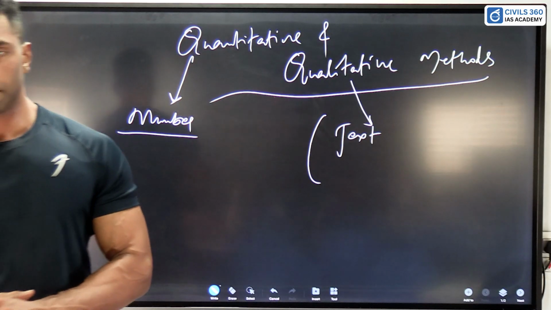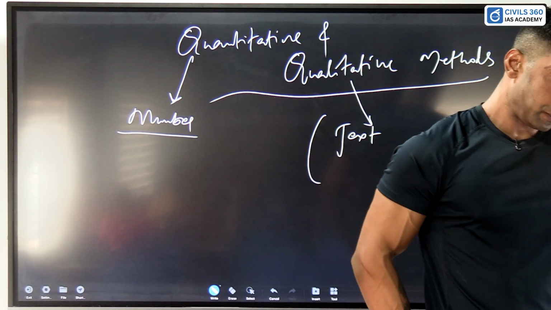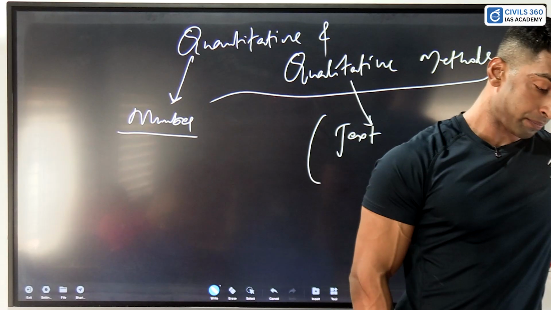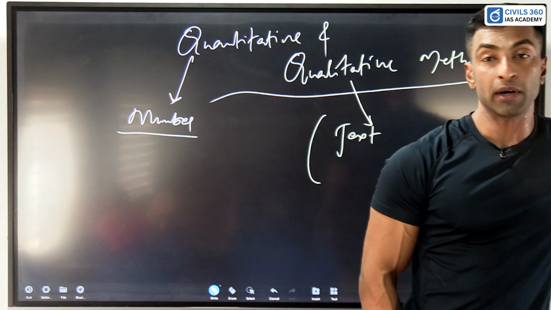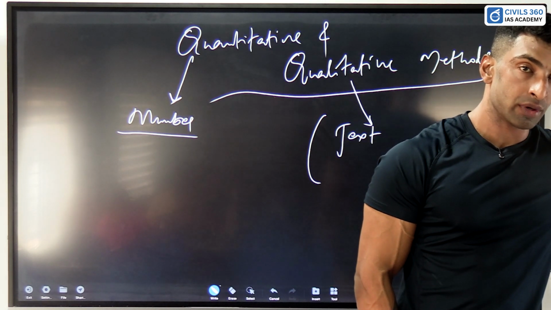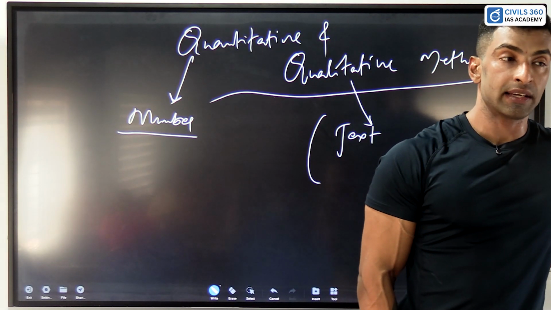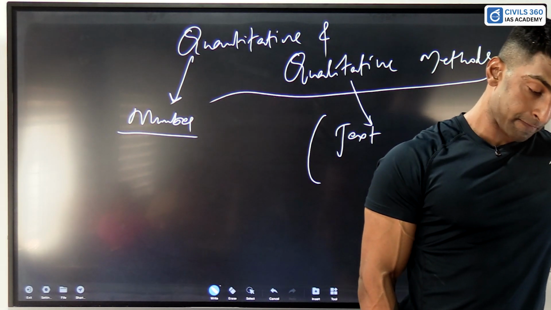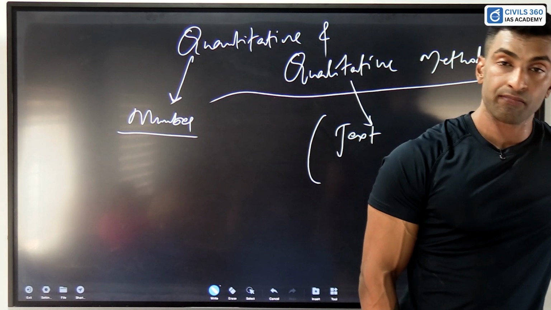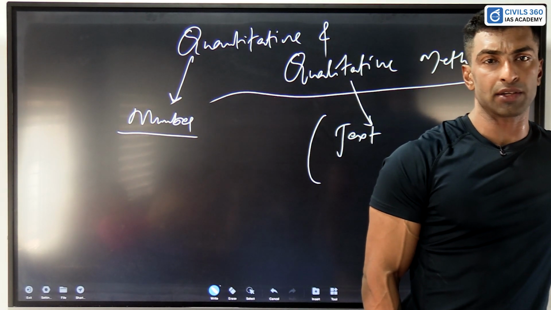Various techniques like surveys, interviews, questionnaires, schedules, etc. These are some examples of quantitative methods where you get things in terms of numbers.